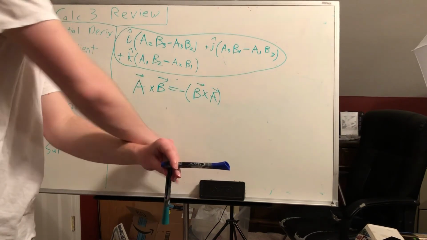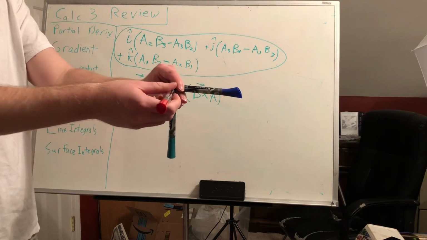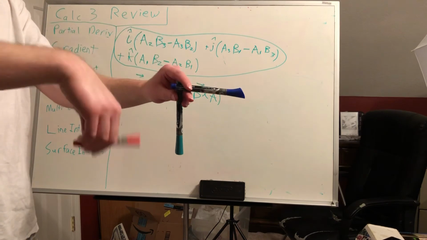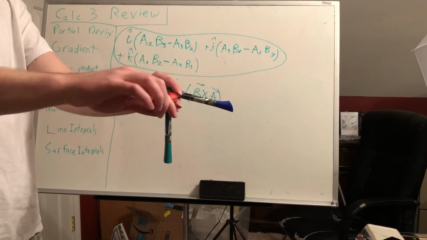And so there are two possible vectors that are perpendicular to both of these. It can go out like this, or it can go in like this. And so the order of these two vectors tells you which one you want to get.